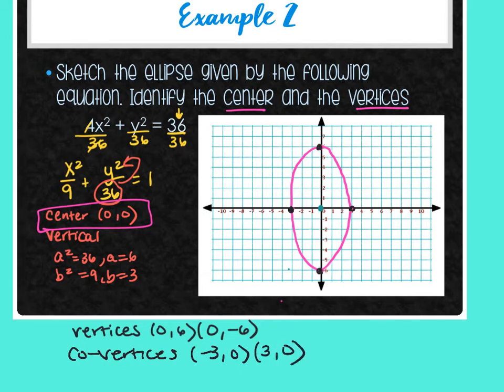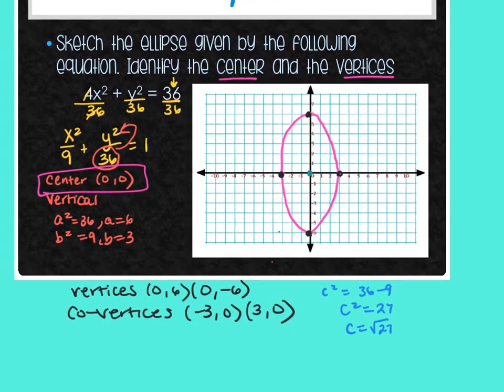If it had asked for the foci, then I would have done c squared equals a squared minus b squared. 36 minus 9 is 27, and c would equal the square root of 27, which is 3 root 3. So the foci are up and down.